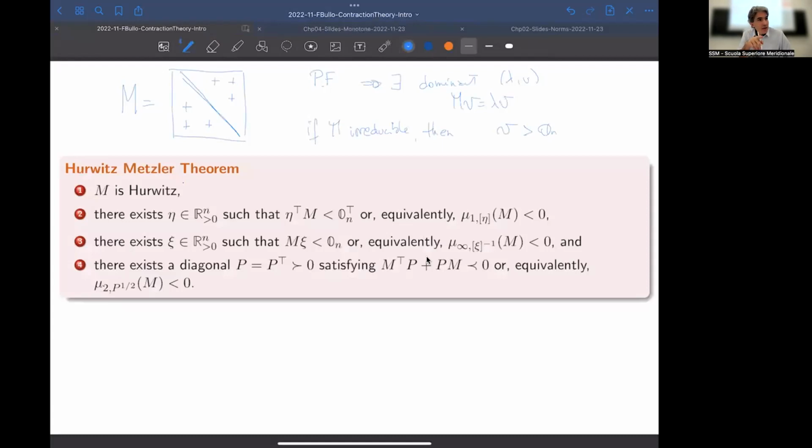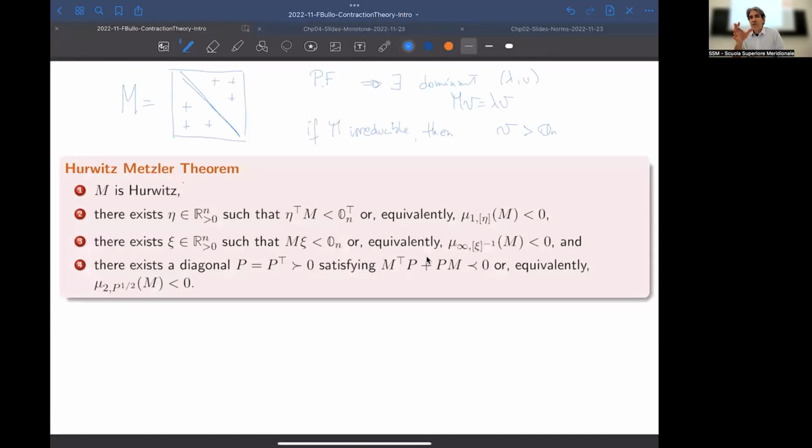And then let's see how much you know about Perron-Frobenius theory. v is the only eigenvector with all positive entries. That's yet another result from Perron-Frobenius theory. The dominant eigenvector under mild irreducibility conditions is strictly positive, and it is the only strictly positive eigenvector.